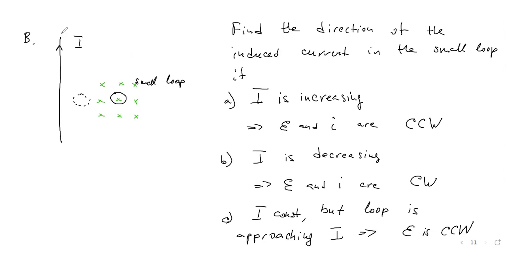Very nice. If I want to write an equation, for example for case A, I would write it this way. EMF equals negative d over dt of magnetic field and area. Area is probably constant, and cos theta is 1 because the angle is 90 degrees.